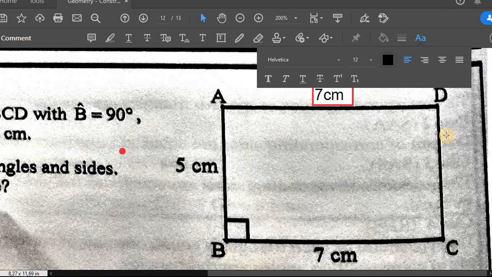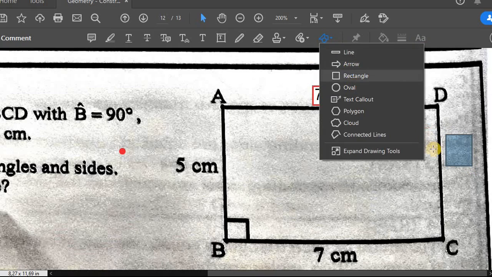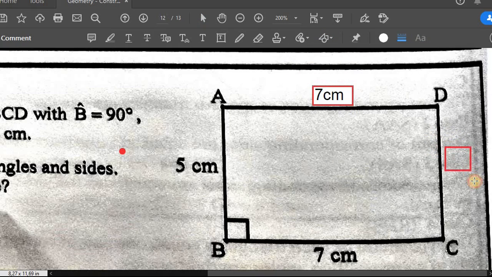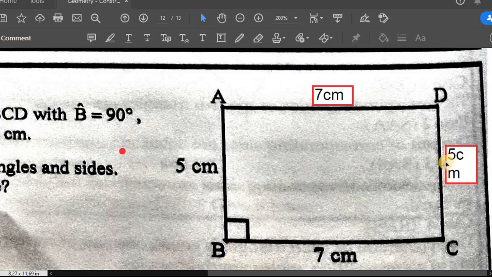You would have also realized that this right hand side here is equal to 5 centimeters as well, right? That's the first question.